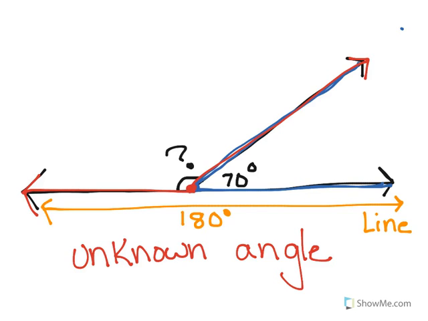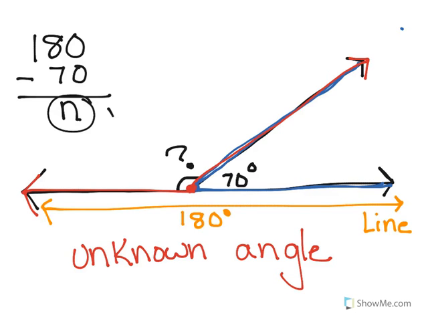So, if a straight line is 180 degrees, but 70 degrees of it has been taken up, if I subtract those, I should be able to get n, or my variable, to figure out my unknown angle. So I'm basically doing algebra. If I subtract, I get 110 degrees. Let's see if that makes sense.